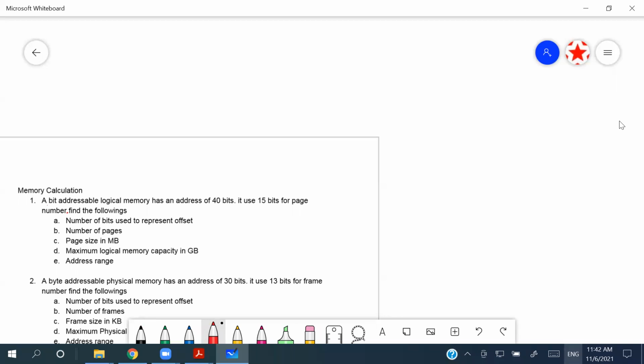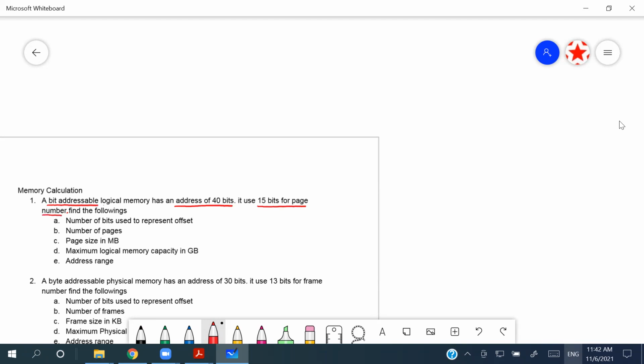This is called bit addressable, and the address has 40 bits. That means the entire address has 40 bits. It's a logical memory, and 15 bits are for the page number.